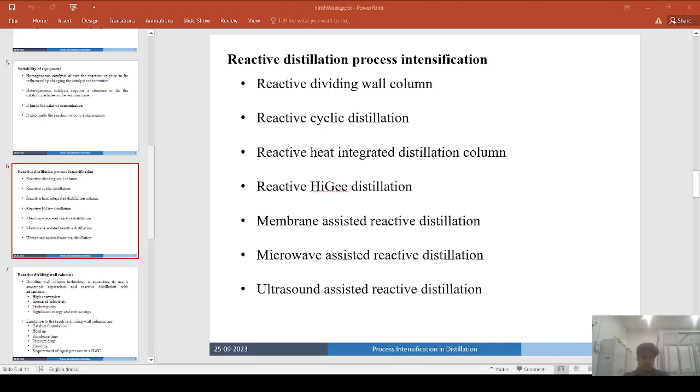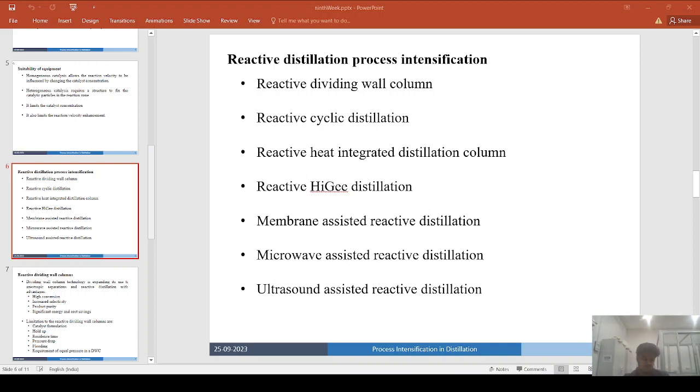Now coming to the different types of reactive distillation process intensification. To perform the next level of process intensification, you would require more advanced reactive distillation configurations, which would allow an additional range of operating conditions that is generally not available in the conventional classic reactive distillation setup. So you can perform further process intensification.